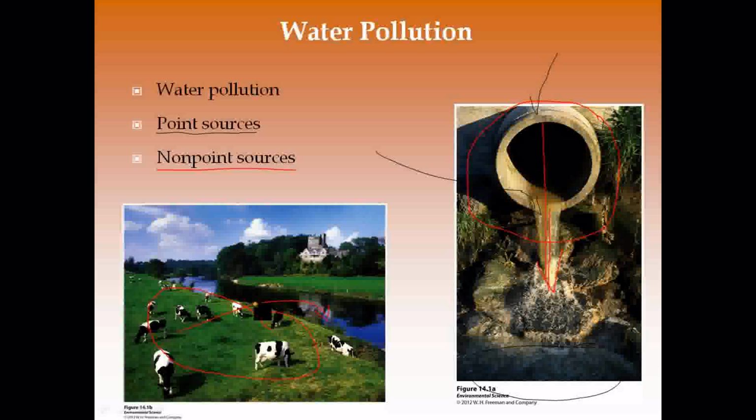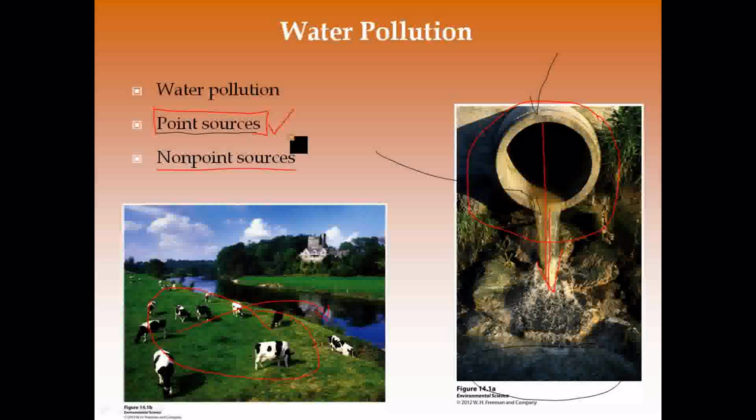Why is this important? Well, it's important because we can clean up point sources, and actually, at the end of this chapter, we're going to learn about several laws that have been passed in the United States to control and deal with point sources. We're not so good at controlling non-point sources. In fact, our own St. Johns River is pretty clean. It's pretty clean because there are plenty of pipes dumping stuff in the river, but we know about them.